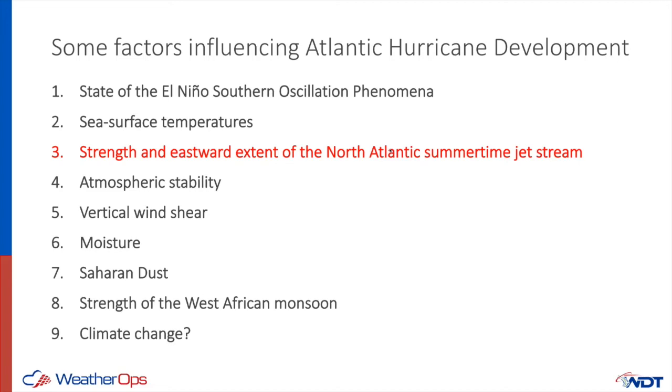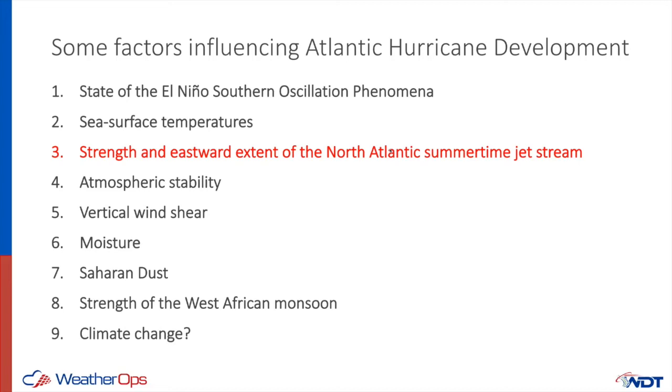The strength and eastward extent of the North Atlantic summertime jet stream, that's not something you usually hear people talking about. But observations over the years have borne out the idea that during summers where a lot of other factors seem to be in the right place and the right phase for a big season, we've seen, even as recently as some of the last couple of years, seasons get short-circuited and the potential suppressed.